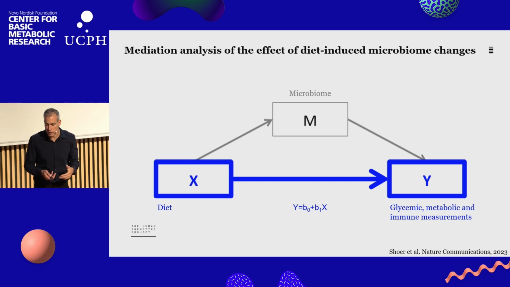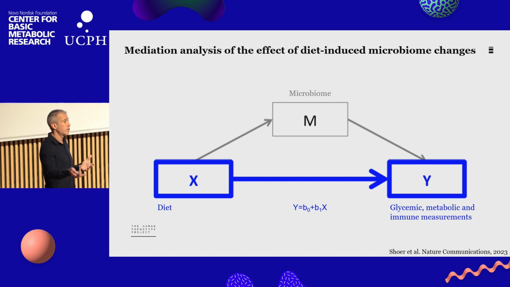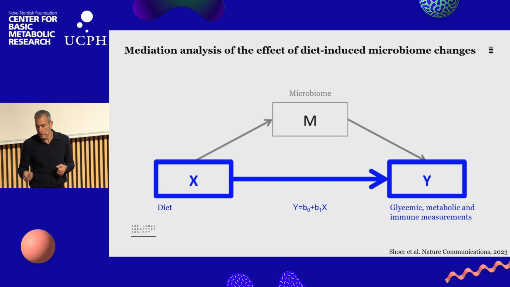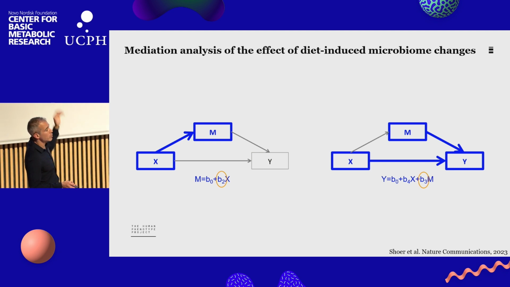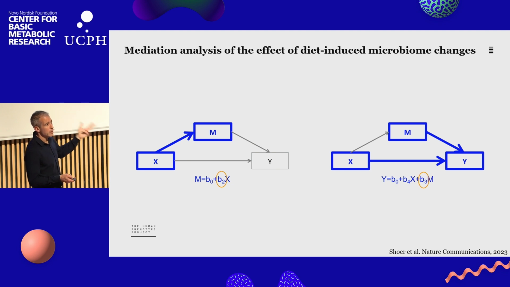So to do this analysis, you construct models that try to explain the metabolic improvements from the diet. And you know that you have the microbiome, which also is affected by the diet, and you ask whether the microbiome also contributes to explaining these beneficial metabolic outputs beyond what you can explain with the diet.